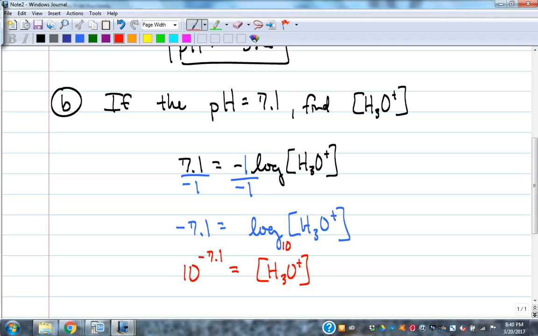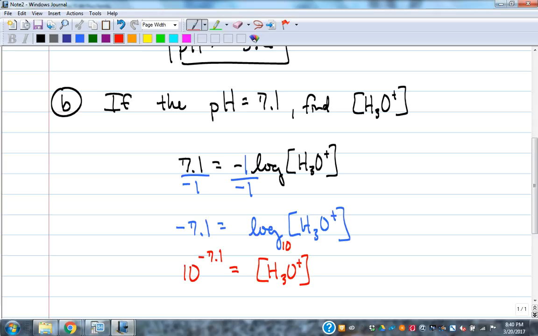Here's an application of all that we did about an hour ago. Hey, that's our variable. The concentration of H3O is what we're looking for. It's 10 to the negative 7.1.